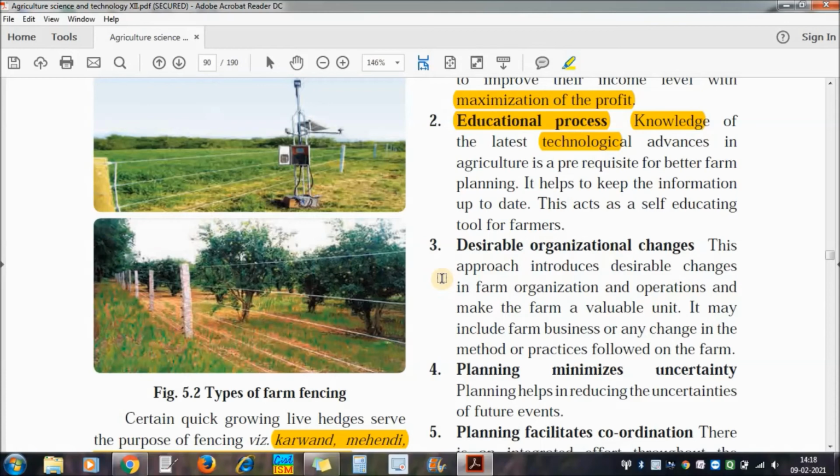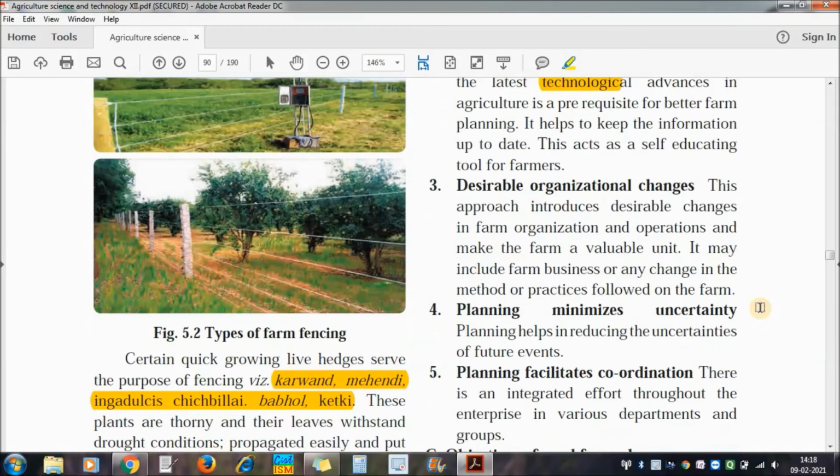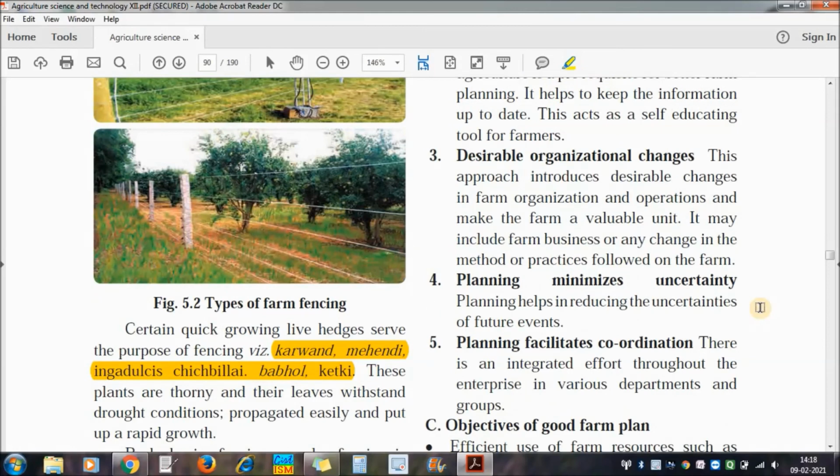Many agricultural research institutes of the government and private sectors have started their own websites and own YouTube channels. TV channels are also there. So we get the knowledge, we update the knowledge. That is the benefit of farm planning.